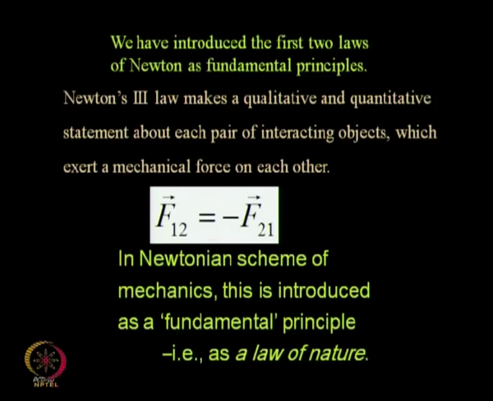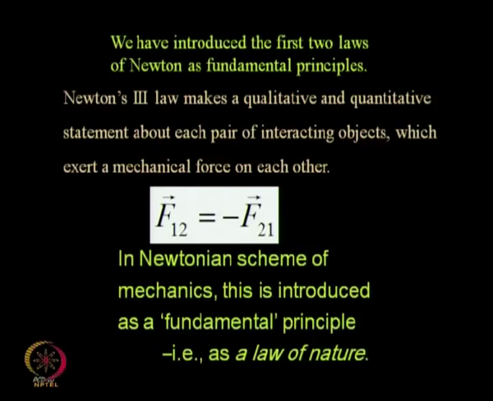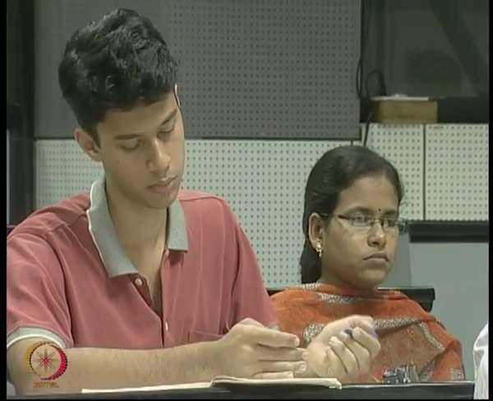Now, the first two laws were introduced as fundamental principles recognized by Galileo and Newton respectively, and the only interactions that Newton had to worry about were the interactions between objects, because fields were not understood at Newton's time, not the electrodynamic field for sure.